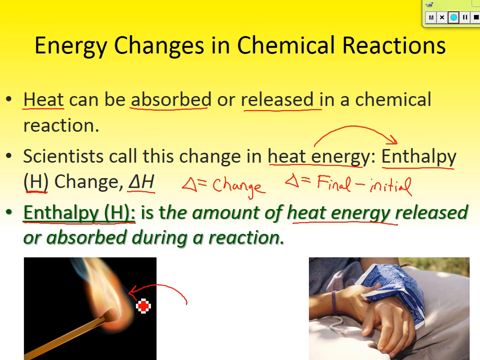With this match right here, is heat energy being released or is it being absorbed? Release. It is being released. So heat is being released by this matchstick. Now when heat is released by something, the surroundings get hot or cold? The surroundings get hot because you're releasing that energy in the form of heat. It's making things hot around it, right?